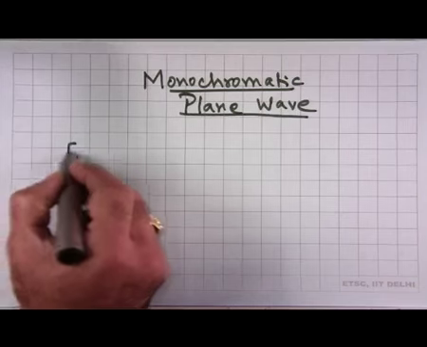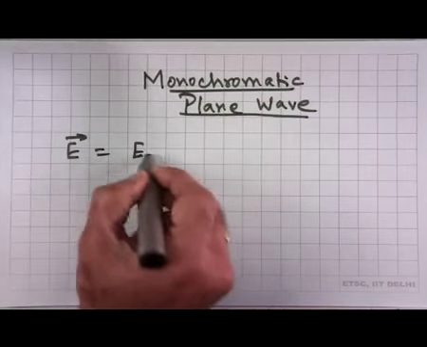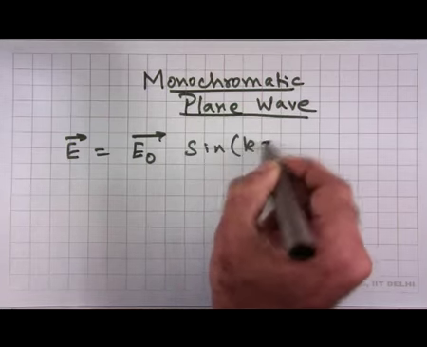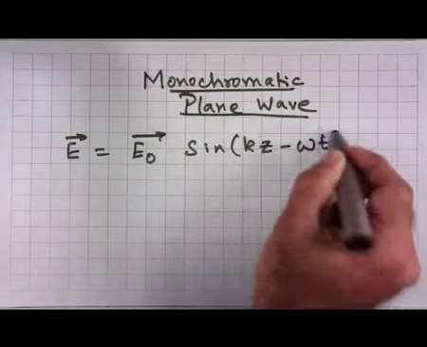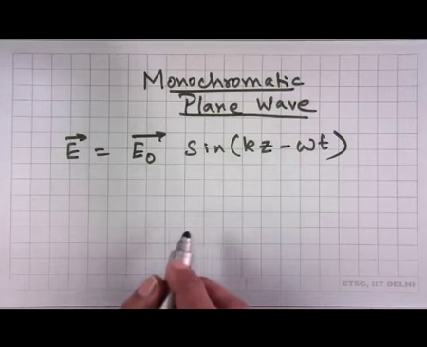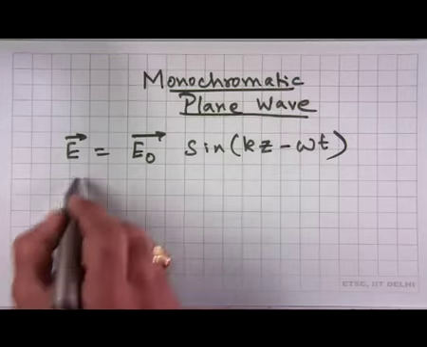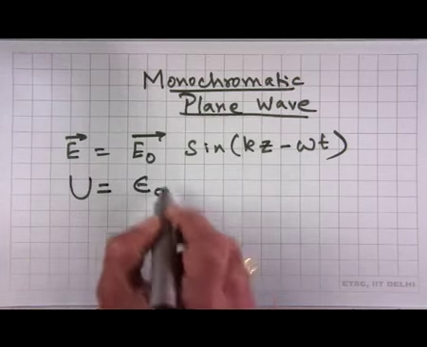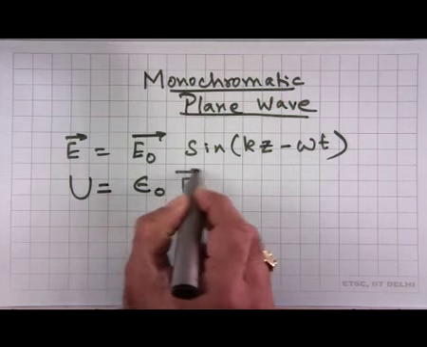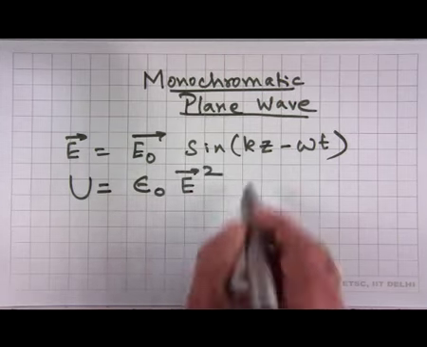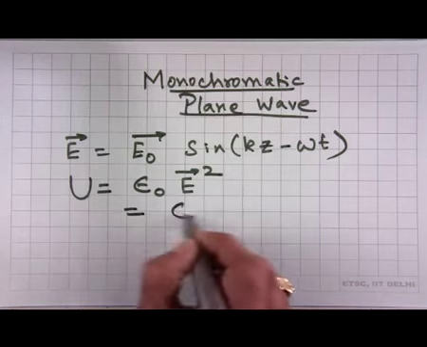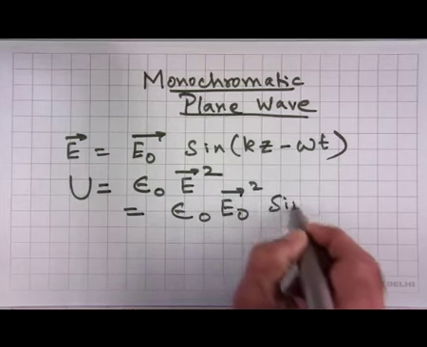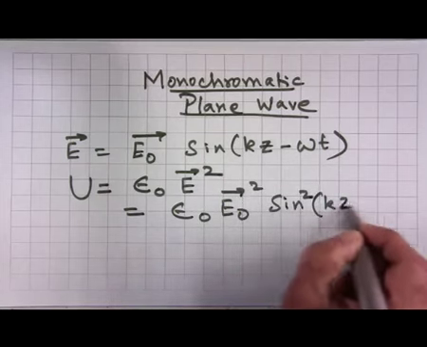Then my electric field is E naught, let us say sin(kz minus omega t). k is the wave number and omega is the circular frequency. Then my energy is nothing but epsilon naught E squared, which is epsilon naught E naught squared sin squared(kz minus omega t).